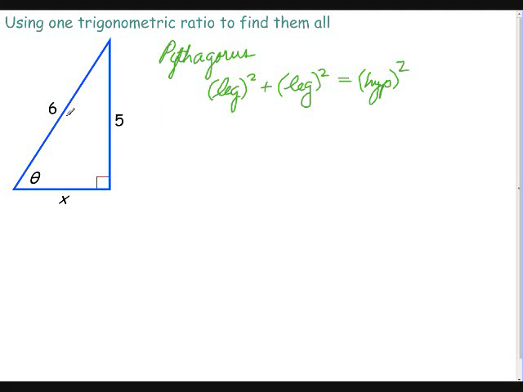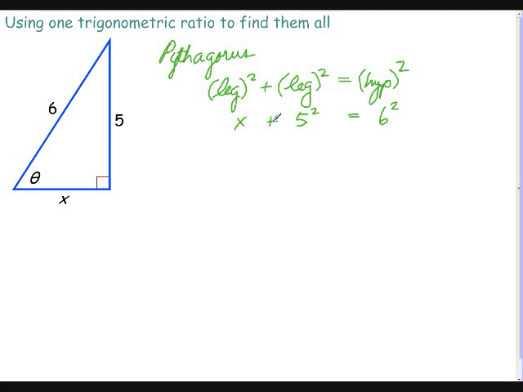In this case, I know what the hypotenuse squared is. It's going to be 36. One of the legs is 5 squared. That's going to be 25.